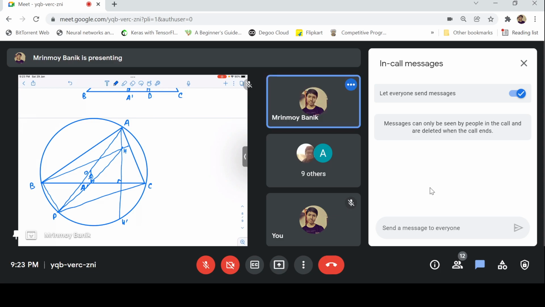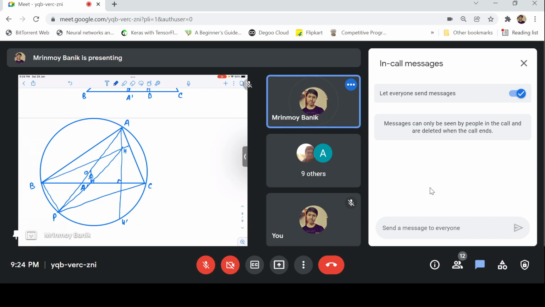Okay. So why does it pass through A bar? So now this is the diameter.